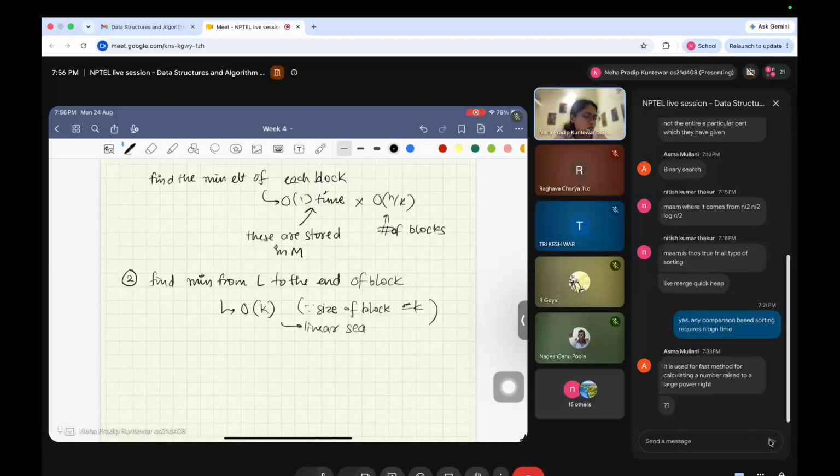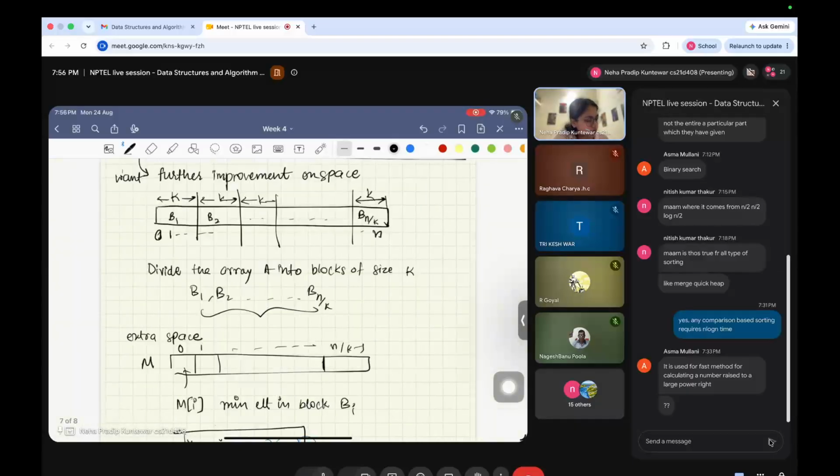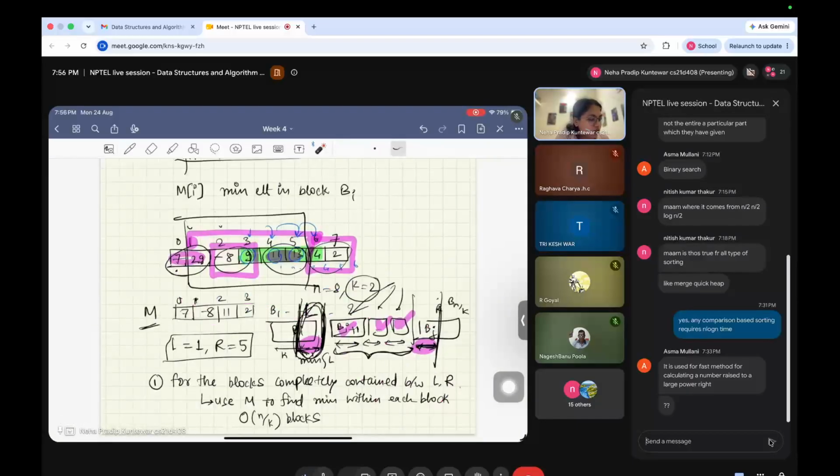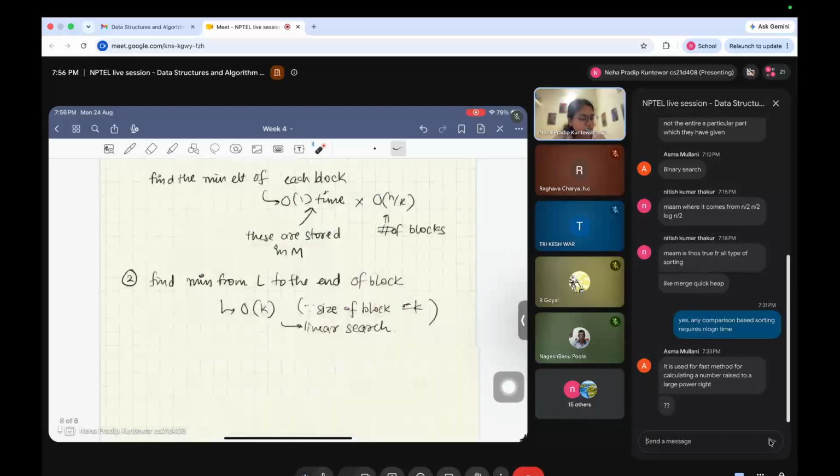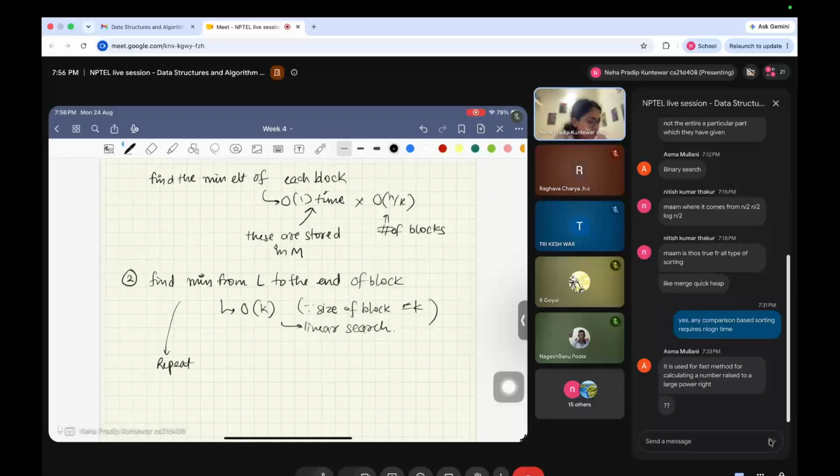So we are using the linear search thing. Okay, and the same thing you do at the end as well. Maybe R was not fitting exactly here, R is overflowing into the next block, so you look at this part of the subarray and find the minimum again. So repeat for R. This will again take you order k time.